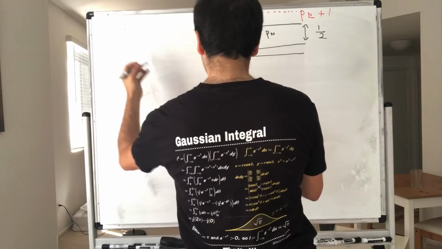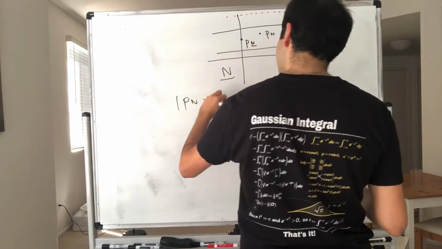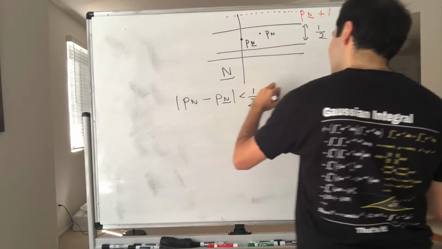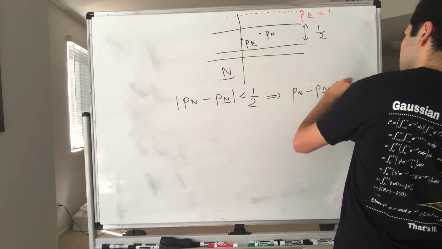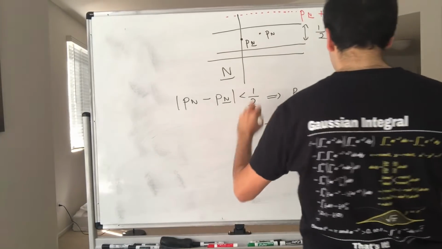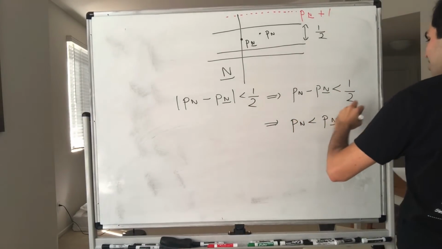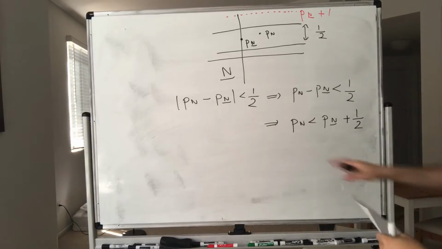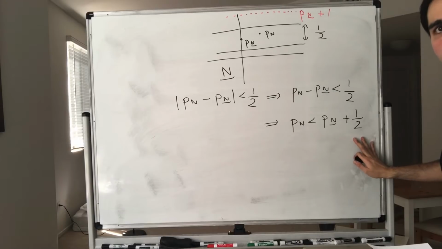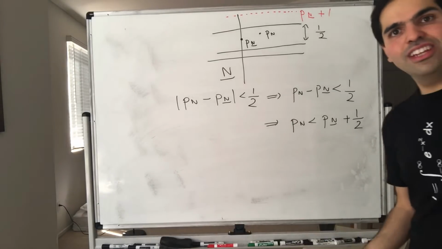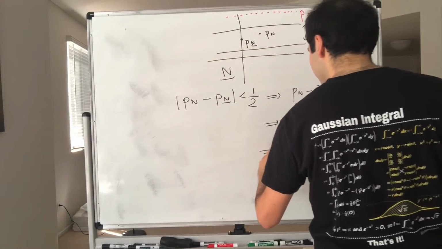So, what does that mean? We know that, again, |Pn - PN| is less than 1/2, so we can remove the absolute values. And then what we get is Pn is less than P capital N plus 1/2. Now we would like to say that Pn is less than P capital N plus 1/2 in the sequence sense, but remember in our definition of less than there has to be an epsilon, but here's how to make the epsilon appear.